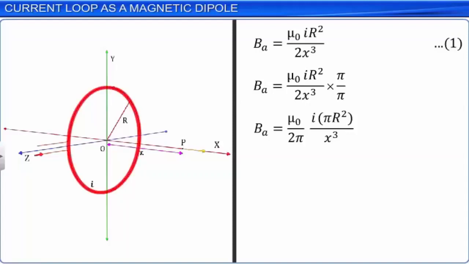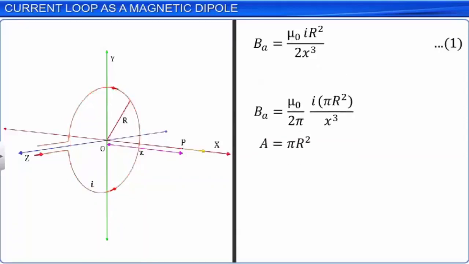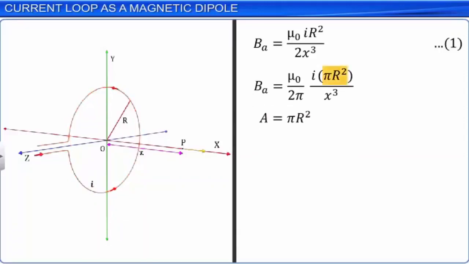We know that the area of a circular loop, A, is equal to pi R square. On substituting A for pi R square in the equation, the magnetic induction can now be written as BA is equal to mu naught by 2 pi into IA by x cube.